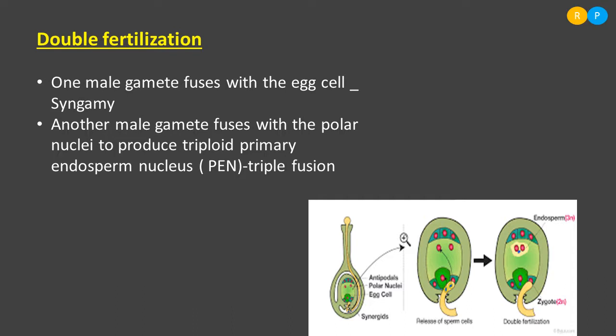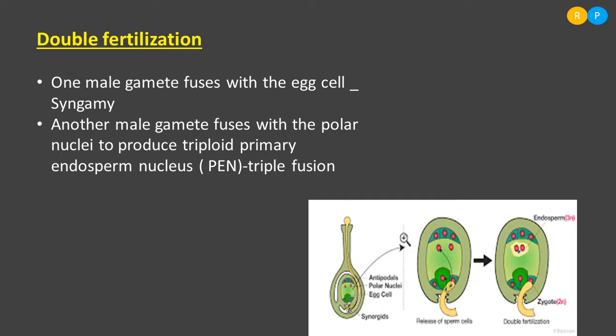Because of this, the fertilization is named double fertilization. Two kinds of fertilization are taking place: one is syngamy and another one is triple fusion. Understood now? Yes, this is a very important concept. Double fertilization is a very important concept. This is a unique type of fertilization, seen in angiosperms.